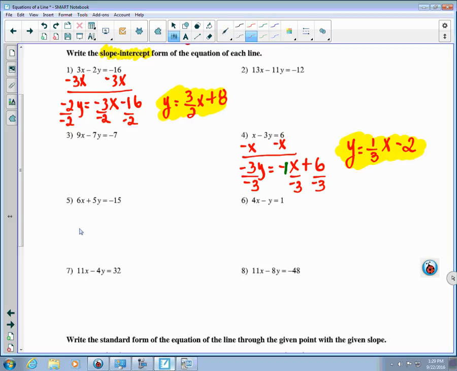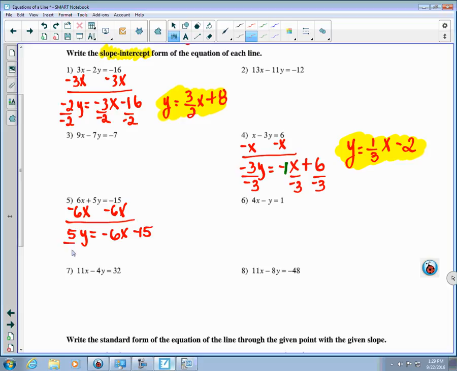All right, and let's go to number 6. Talk to me. Minus 6x. 5y equals negative 6x minus 15.